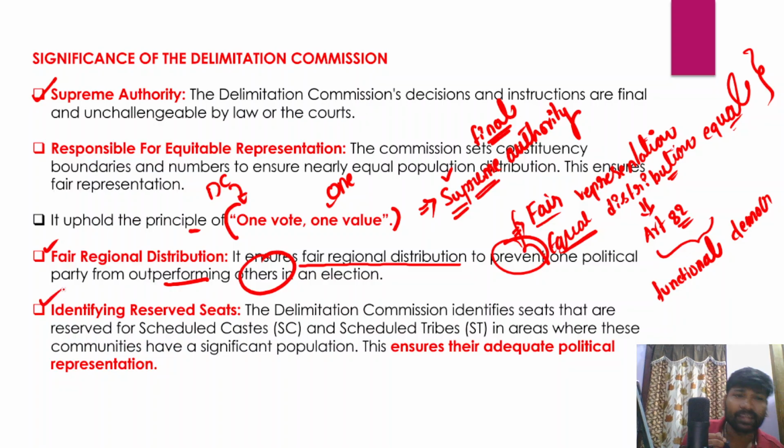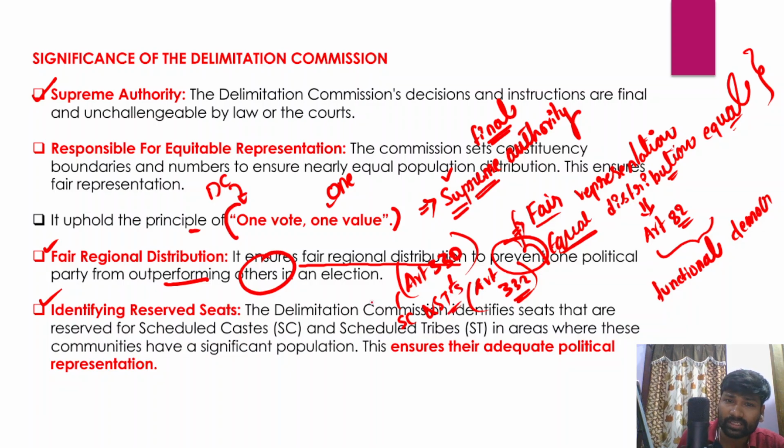And identifying reserved seats. It also plays a very, very important role in identifying reserved seats, because we have just understood Article 330 and Article 332 of the Indian Constitution. These articles reserve a certain quantum of seats for backward classes such as scheduled castes and scheduled tribes.